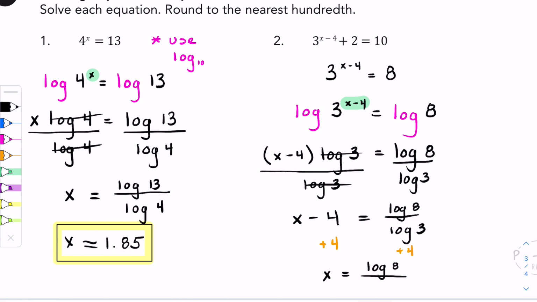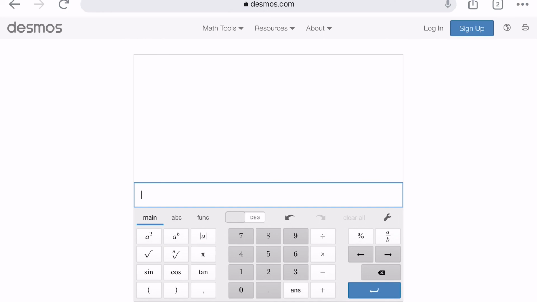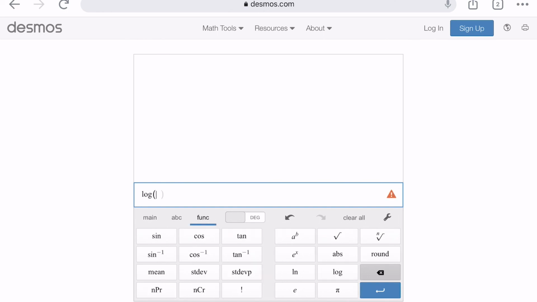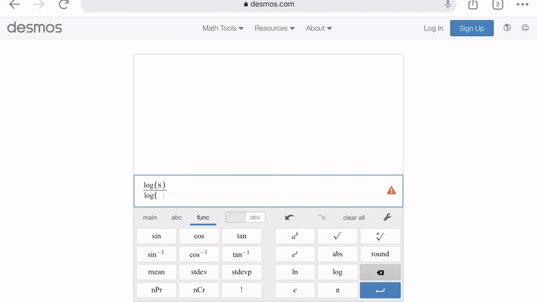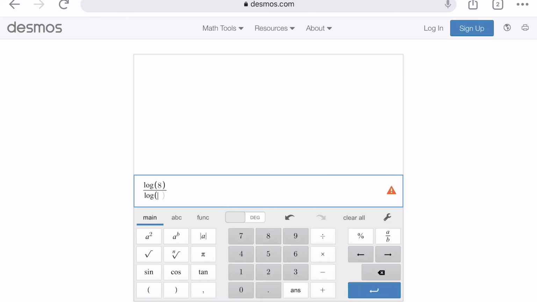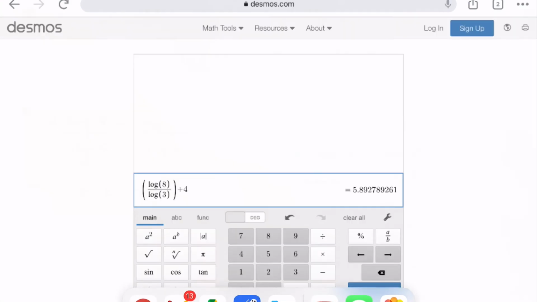So we have log of 8 divided by log of 3, which in my calculator I will put parentheses around, and then plus 4. And you can see off to the right, my answer is approximately 5.89.